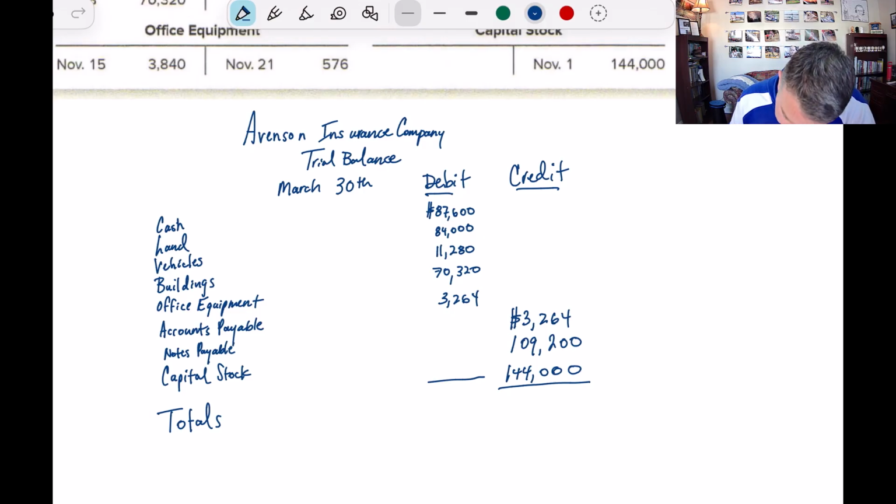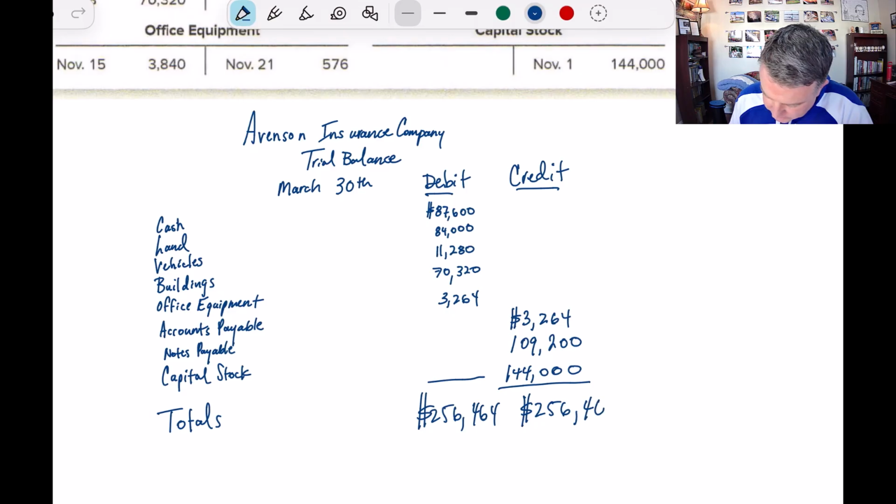That is 256,464. And let's see if we get the same number on the other side in the column for credits. 3,264 plus 109,200 plus 144,000 gives us 256,464. So our debits and credits total to the same amount. We did everything correctly here.